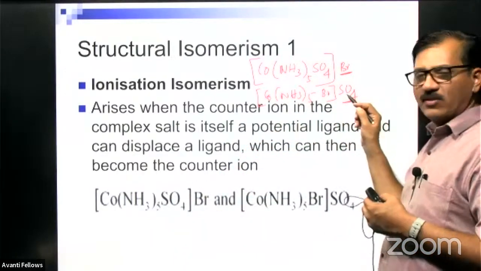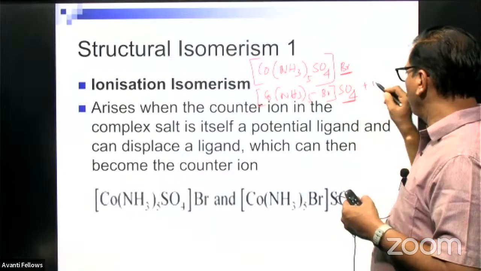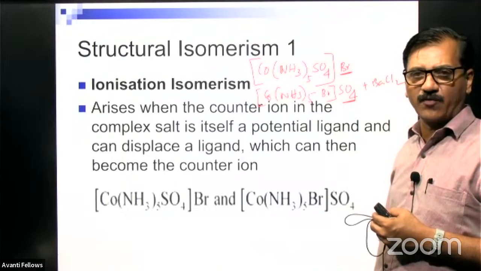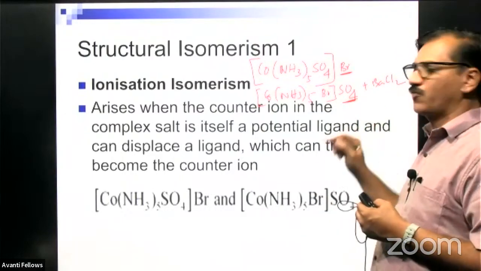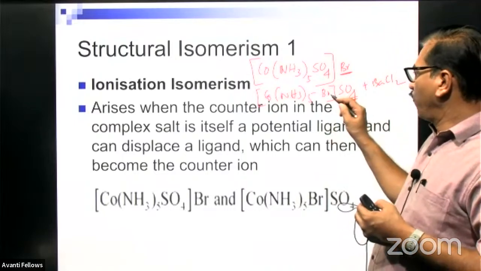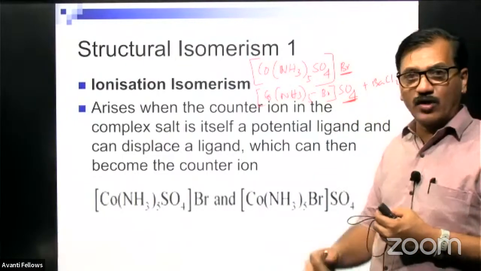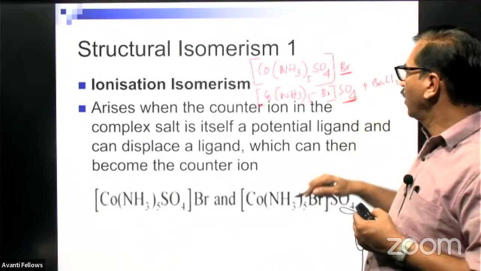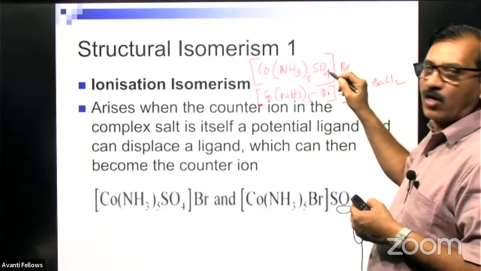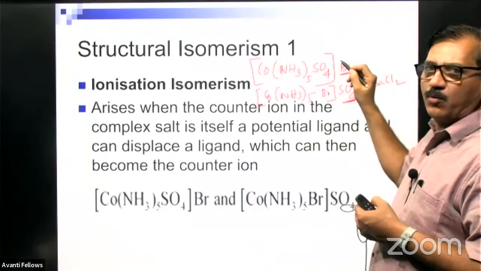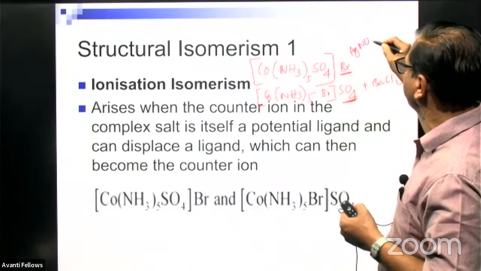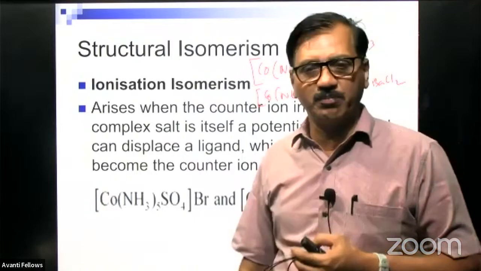If sulfate ion is outside, adding barium chloride will give a white precipitate of barium sulfate, because sulfate ion is free as a counter ion. But the bromide ion won't give that test. Similarly, the bromide ion can be tested with AgNO3; silver nitrate will give silver bromide, but not the sulfate ion.